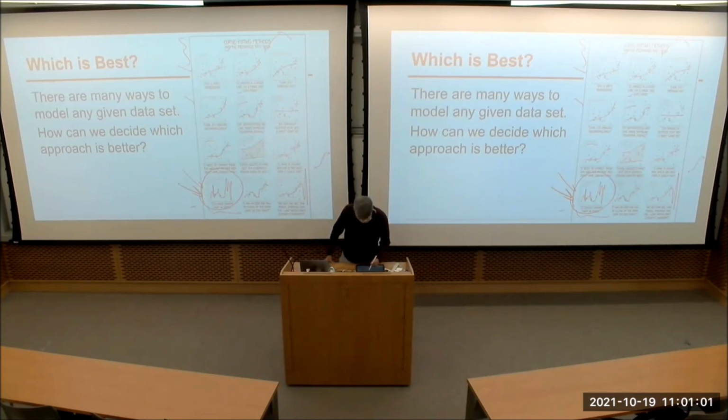Something like a linear fit does not perfectly fit the data, but I'm probably more likely to believe a prediction made by the linear model than by this potentially overfit model. So we need a language to talk about whether models are good or bad, and that is what I'd like us to talk about.